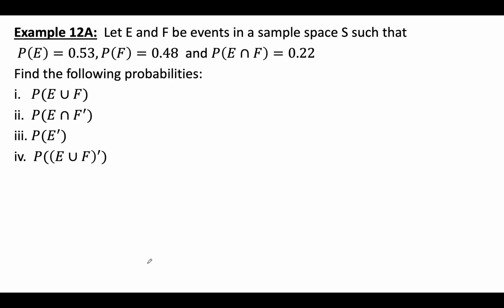Here is an example where you can see we can use those theorems. If E and F are events in the sample space such that P(E) is equal to 0.53, P(F) is equal to 0.48, and P of the intersect is equal to 0.22.